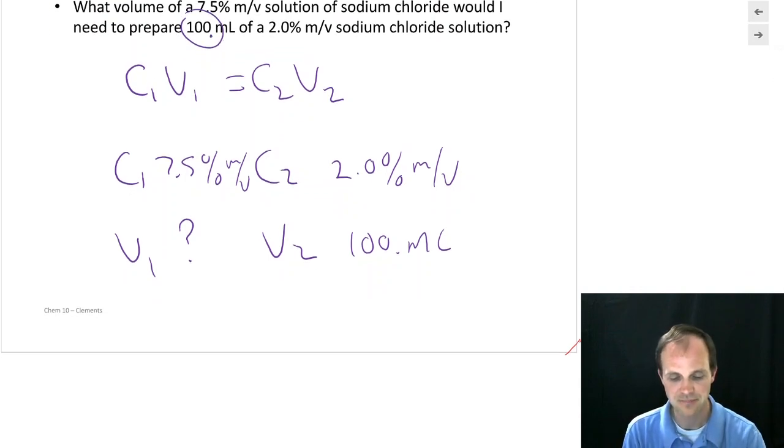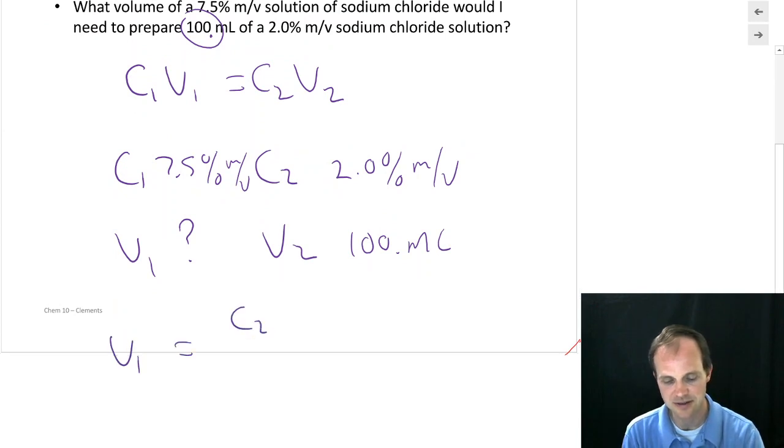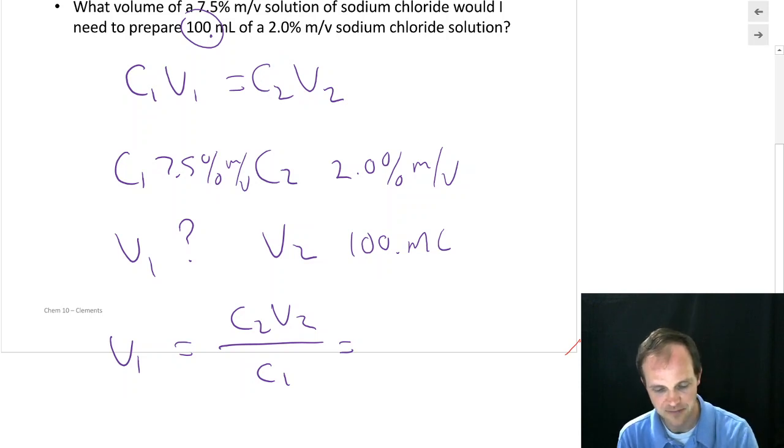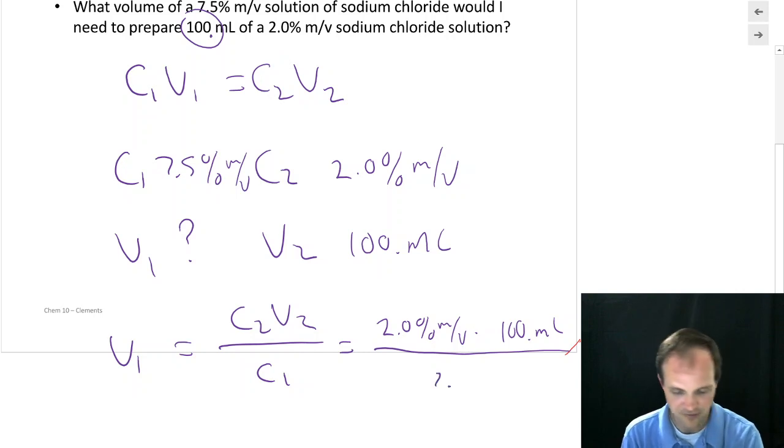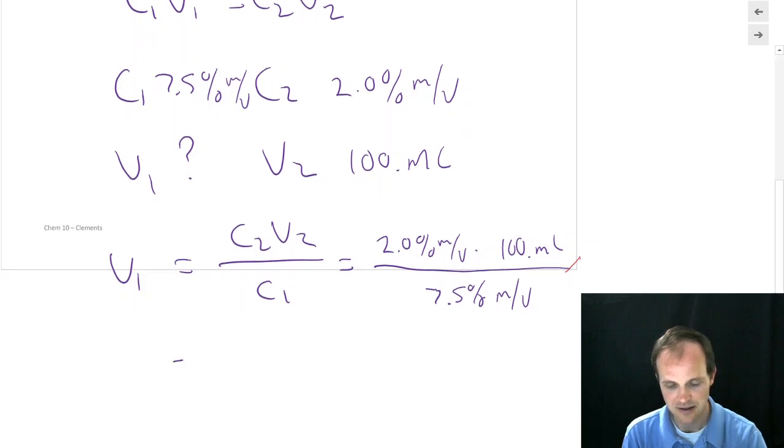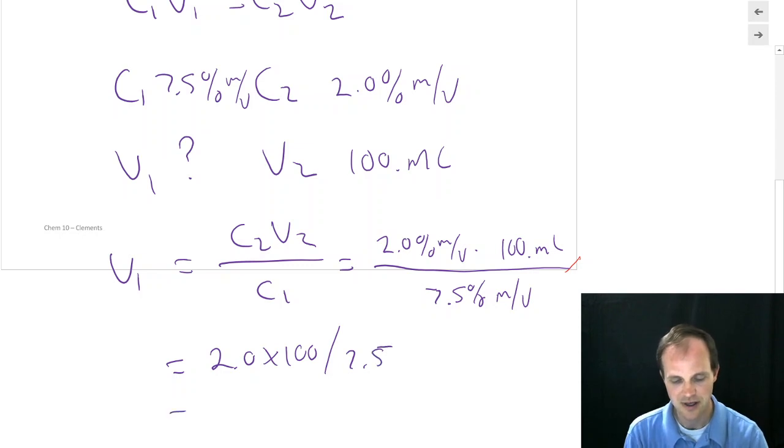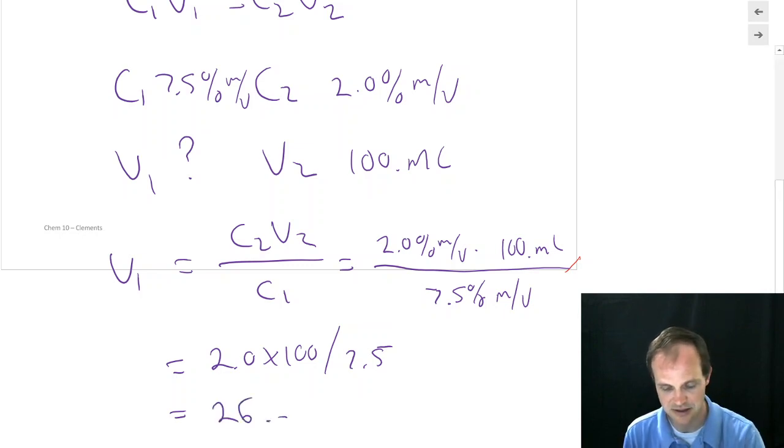All right, plugging it in, V1 is going to be C2V2 over C1 if we do the algebra, and we plug that in. We get 2.0% M over V times 100 milliliters divided by 7.5% M over V. In my calculator, I type 2.0 times 100 divided by 7.5, and I get 26.66666.